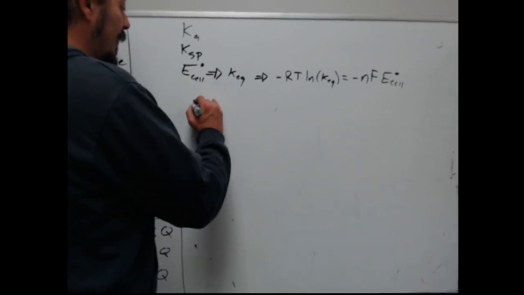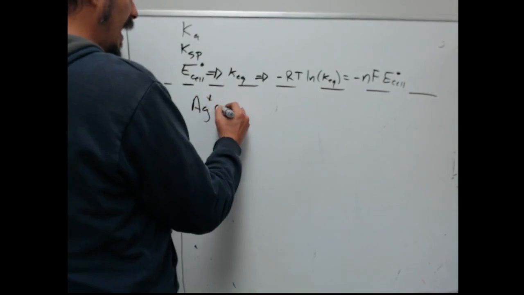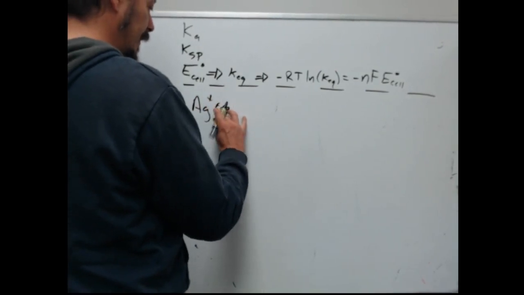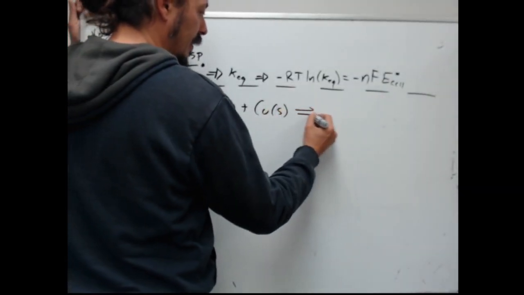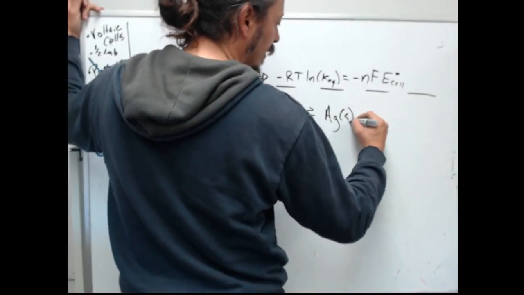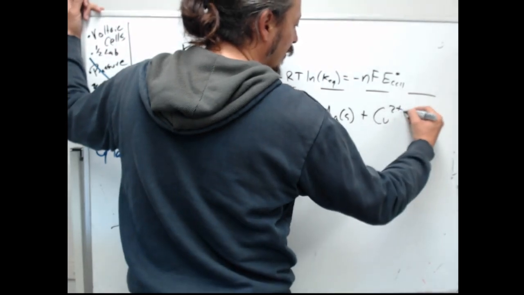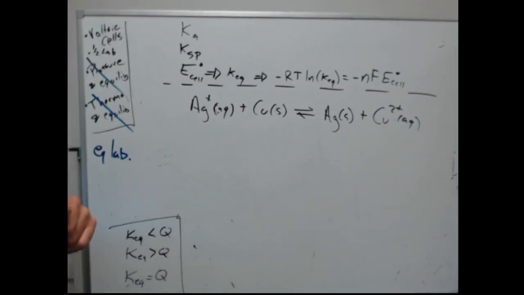If I had Ag+ aqueous and I mixed it with copper solid, that would go through a chemical reaction and make Ag solid and copper 2+. I know it's making copper 2+ because the solution turned blue. So that chemical reaction just happened.